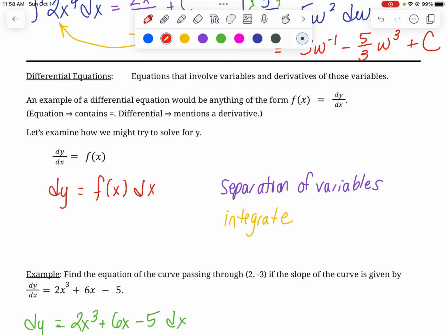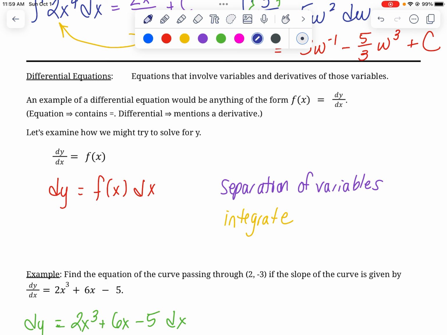FYI, not every differential equation in the universe can be separated. However, every differential equation in the universe of Calc BC can be separated. When you take another class in your life called differential equations, you'll see some other ways to solve these guys. But every differential equation in BC Calc that you are asked to solve will be separable.